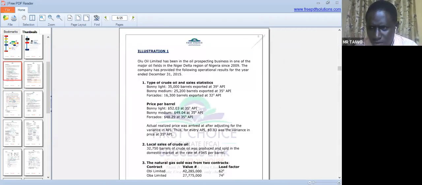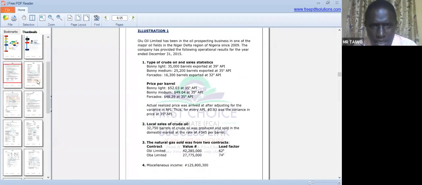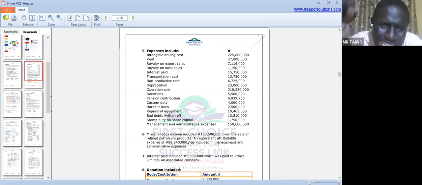They said, and equivalent attributable expenses. The expenses that relate to the sale of refined products, attributable expenses of 8,240,000, were included in management and administrative expenses. Can you see the management and administrative expenses of 150,700,000?